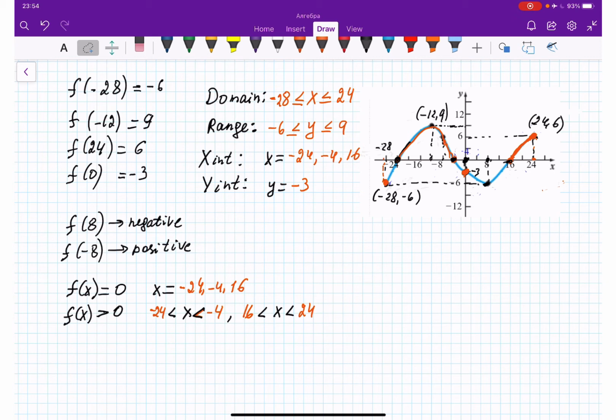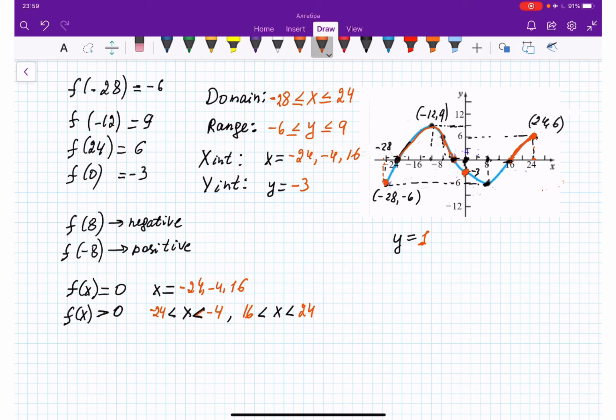Next one, let me see what else is interesting here. We can find out what other information we can get from the graph. How often does the line y equal 1 intersect the graph?